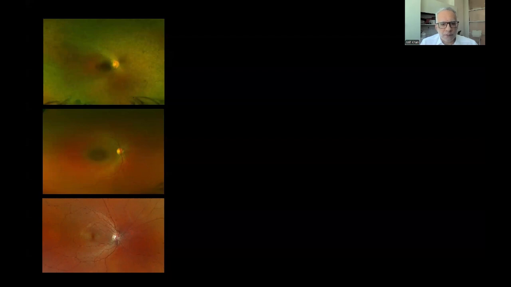For example, in the bottom picture where the patient is complaining, but everything looks normal, that's a very good indication for electrophysiology. The top picture, though, where the patient is complaining and we grossly see there's lots of retinal loss, electrophysiology is not as useful. So not every patient with inherited retinal disease needs electrophysiology.